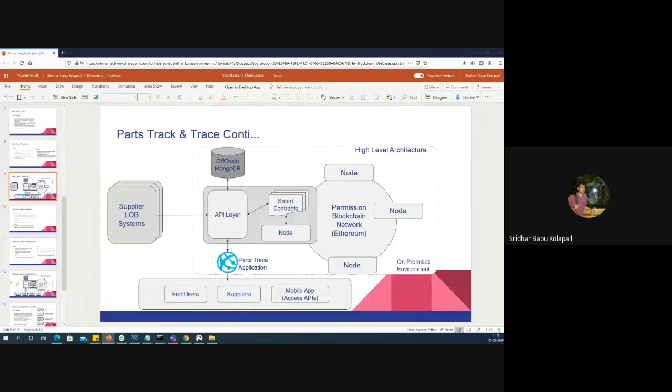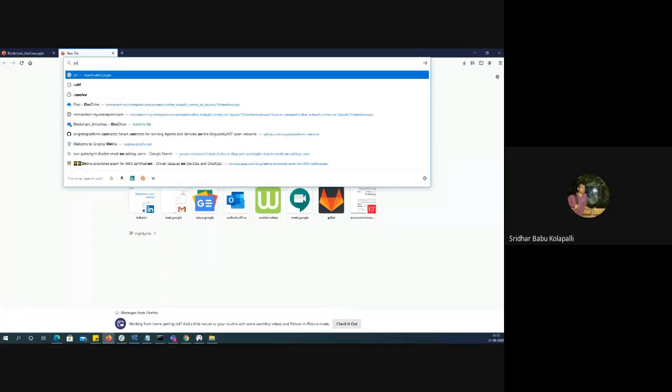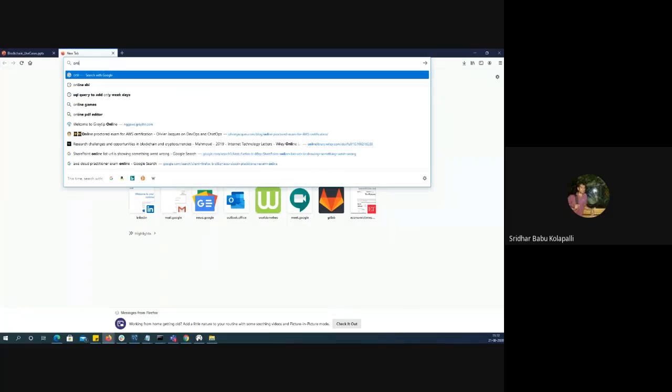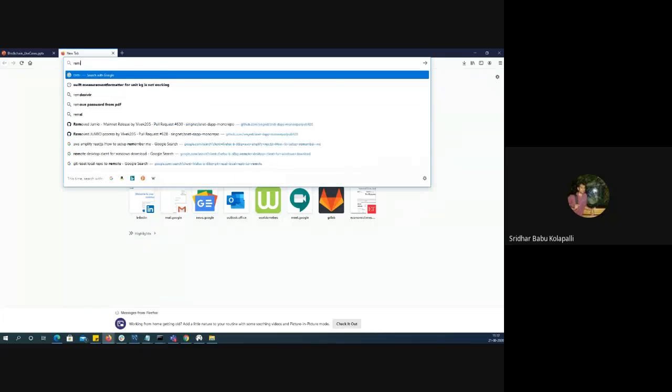Okay, so one question is, are there any free resources for blockchain? Yes, definitely. For example, if people are working with Ethereum, there is an online IDE called the Remix editor.